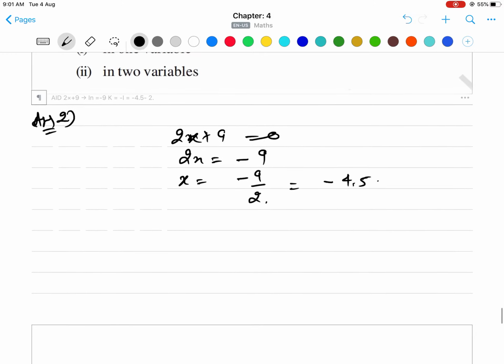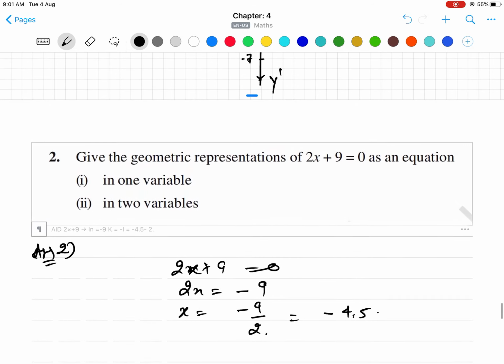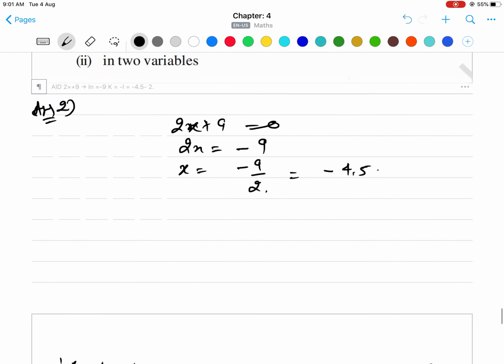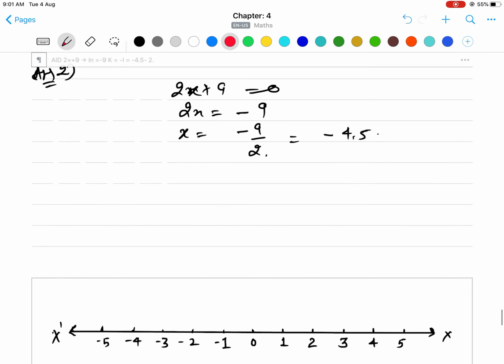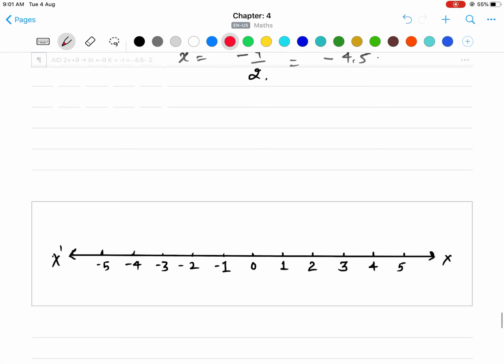Okay, so you can represent this in the one variable form, that means on the number line. So we have this number line here. The point that we got here is x equals to minus 4.5, so that will be somewhere here. This is x equals to minus 4.5.